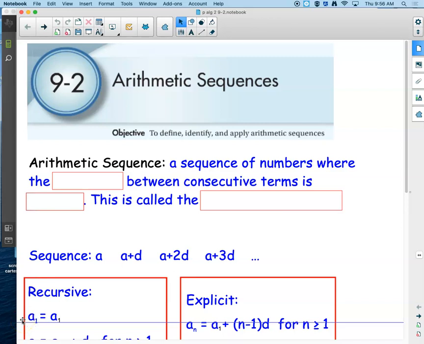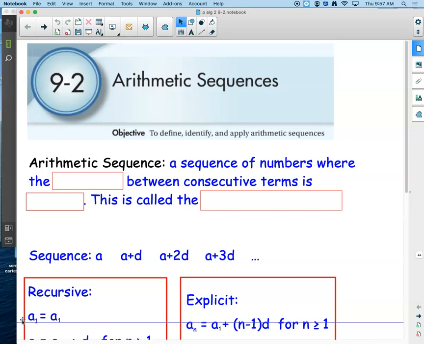So in the arithmetic sequences, we already learned the formulas. It's kind of like, well, what's left to go here? We filled in the boxes on the front of our packet, but there are a few things that we haven't done yet, and we need to take a look at them. So define, we know what they are. If they're adding the same amount every time, and they might be adding a negative number.